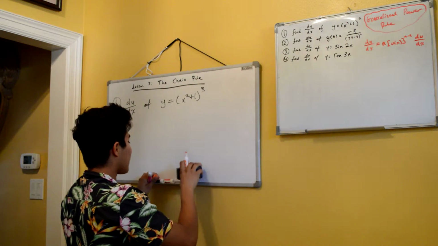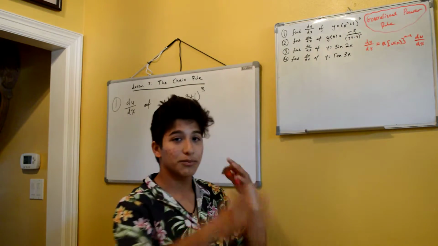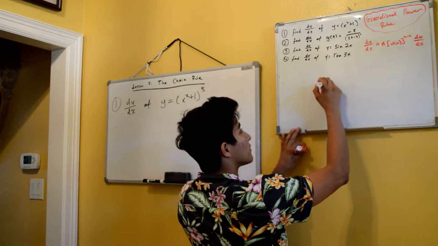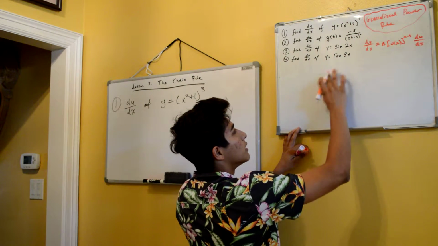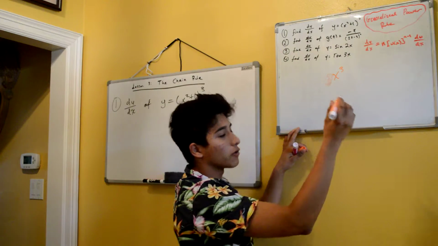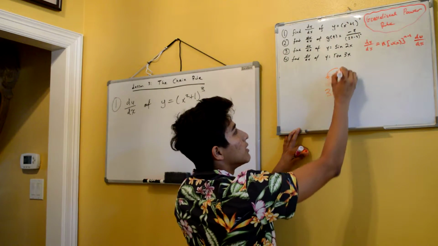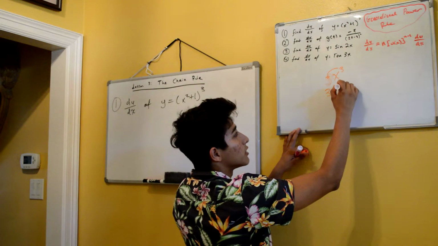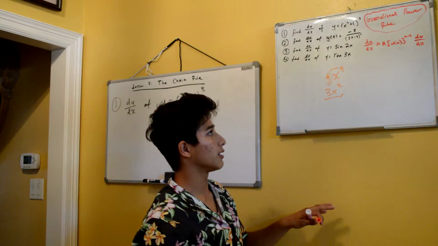I hate it when in math they give us these variables and equations and you don't know what that means, so I'm going to put in some numbers. How about x to the 3rd? You bring the power down, so it'll be 3x, and then you subtract 1, so 3 minus 1 is 2. That's all it's saying.